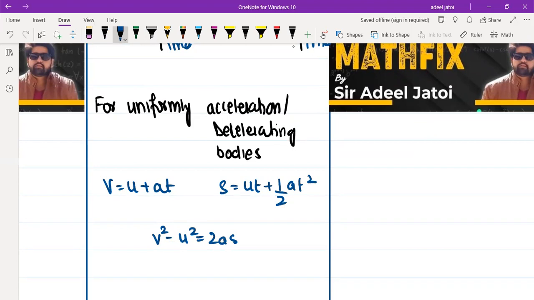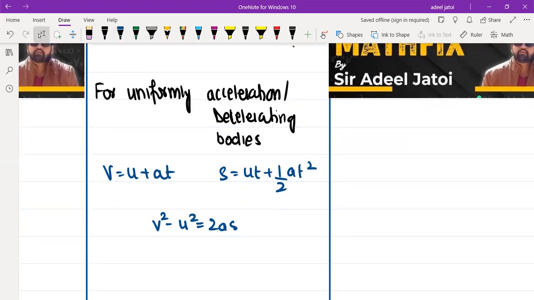So these three formulas are for uniformly accelerating and decelerating bodies.